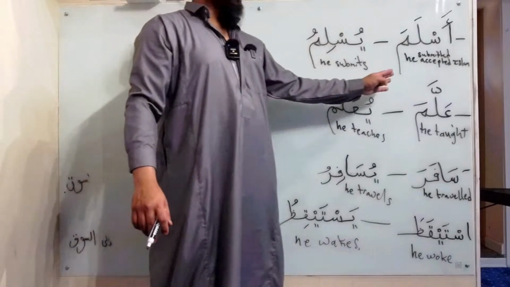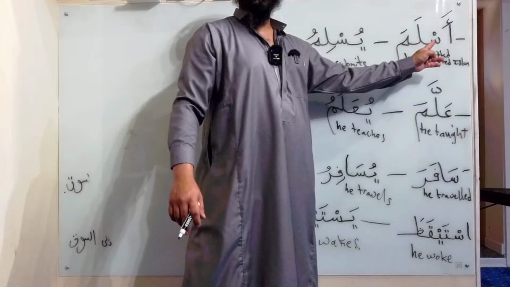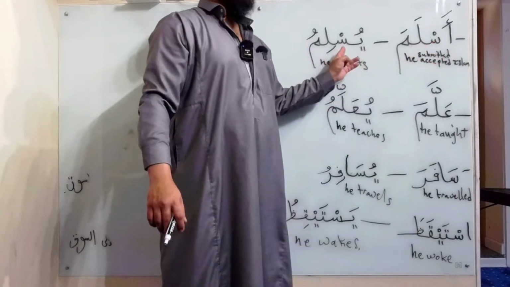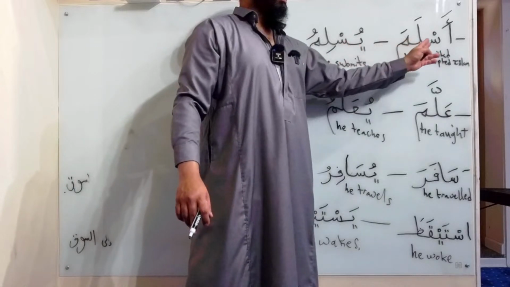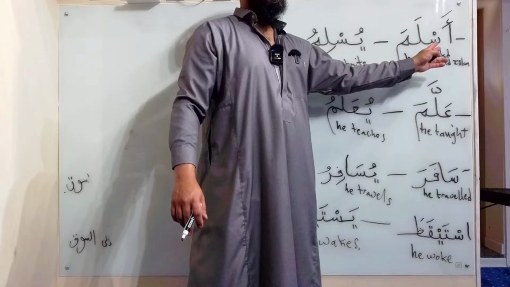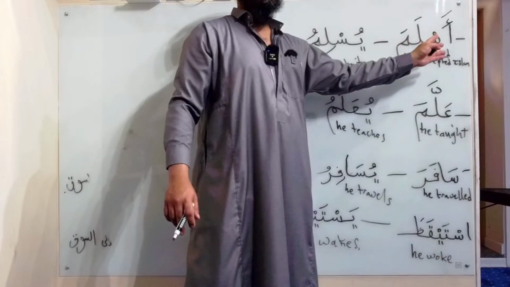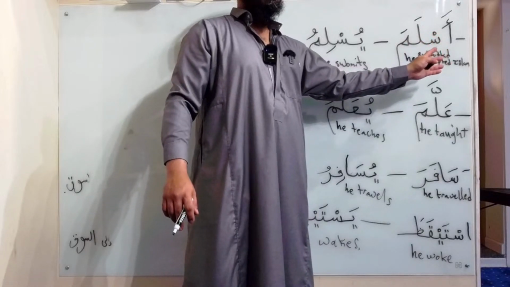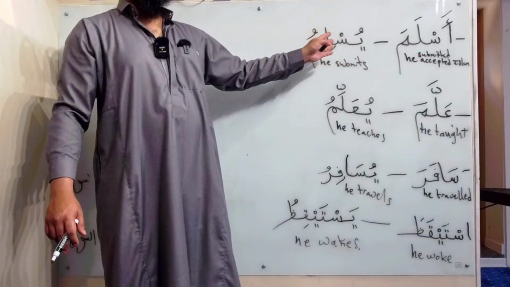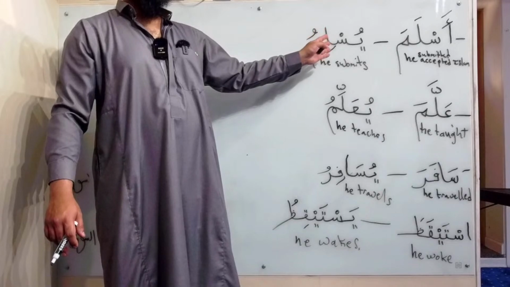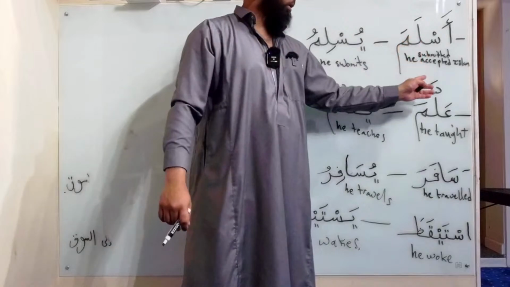But the good thing is, any word looking like this, like aslama, you have a word like ahsana, going to be yuhsinu. Another word, ajlasa, yujlisu. Af'ala, yuf'ilu. Amana is yu'minu, and that one is a little tricky because of the hamza.